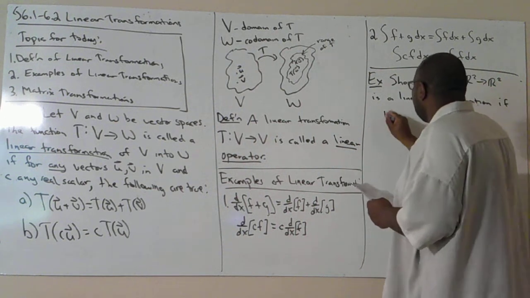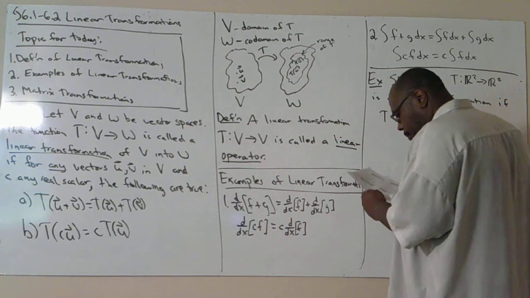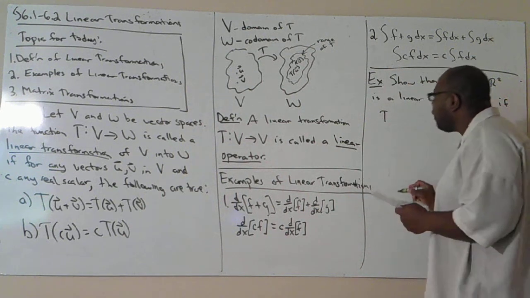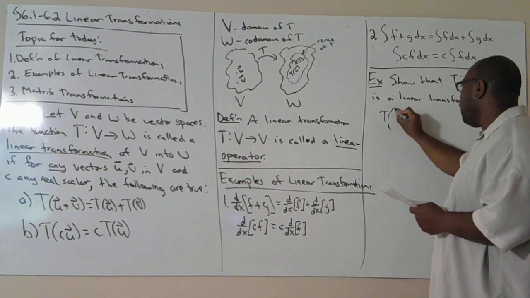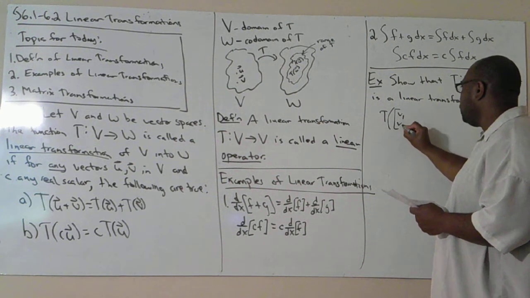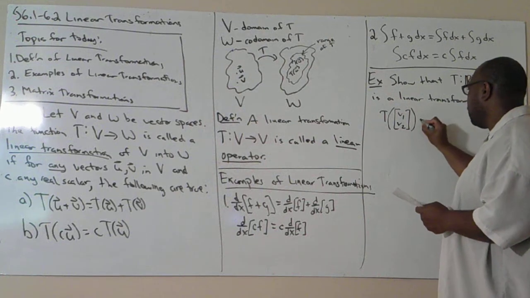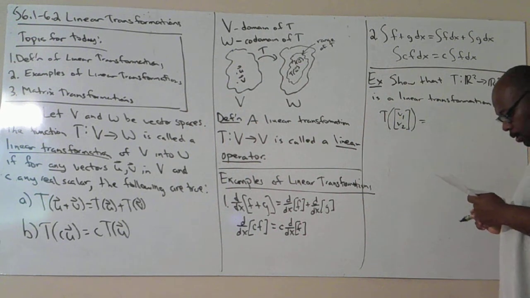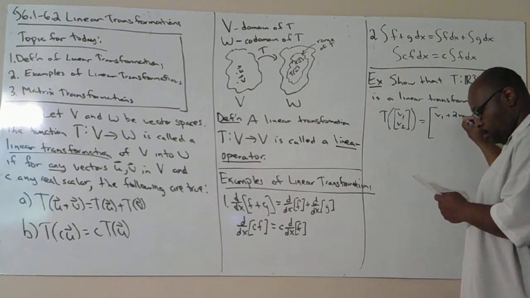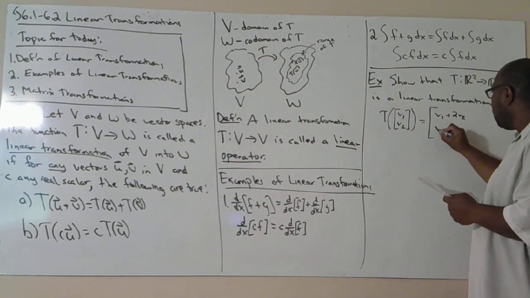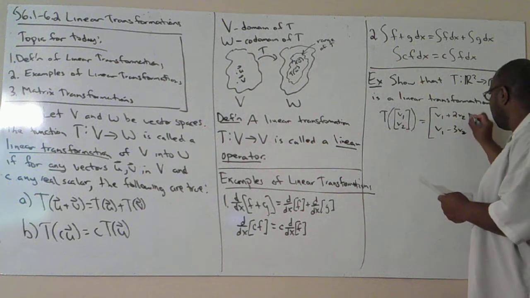Here I'm going to write this a little differently from what I have in the notes. T of (v1, v2) is equal to (v1 plus 2v2, v1 minus 3v2).